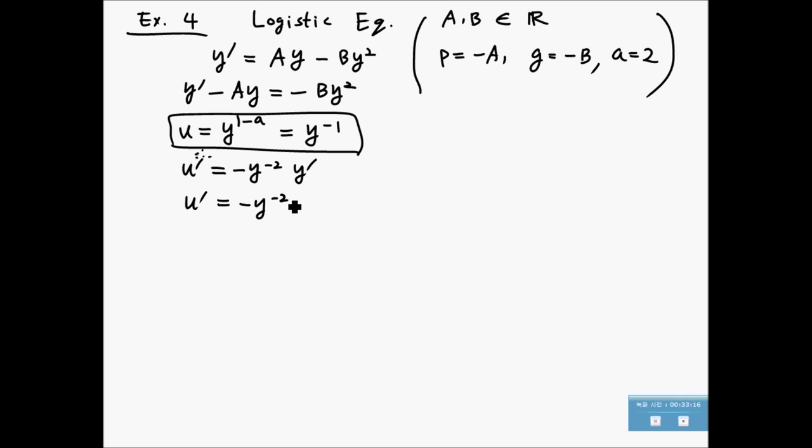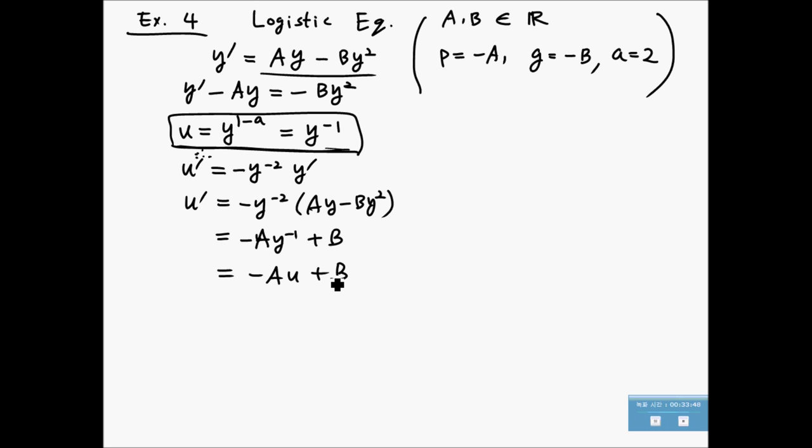So minus y to the minus 2 times y prime is here, so ay minus by square. And then this is minus a y to the minus 1, you're just multiplying, plus b. And we still have y to the minus 1, so we need to get rid of it by using this equation. So this is actually minus au plus b.